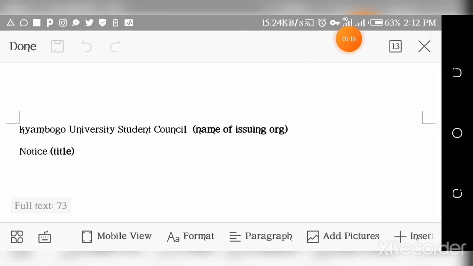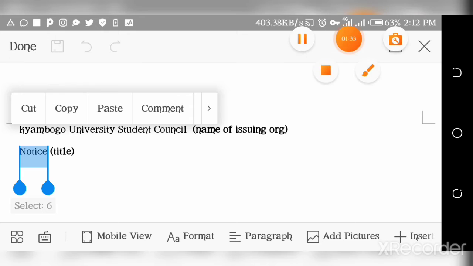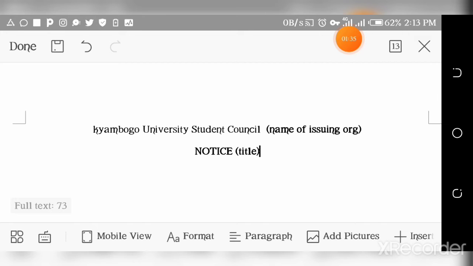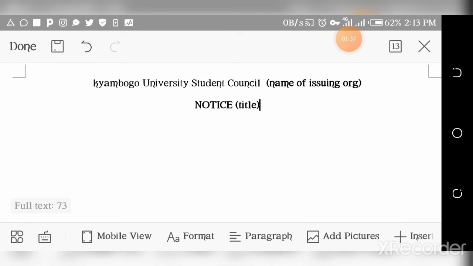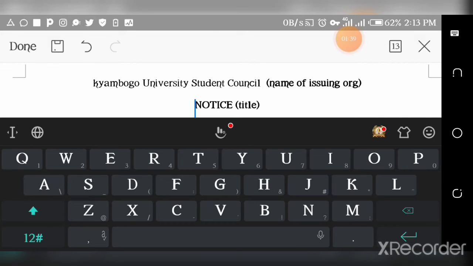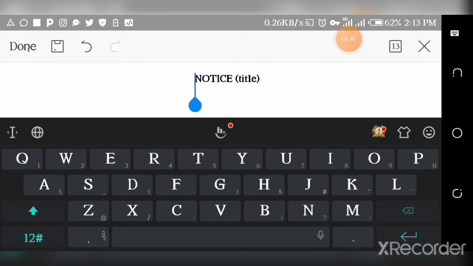Since most times the name of the issuing organization and the title are center aligned, I've center aligned them. Then I'm going to put the date just on the left.